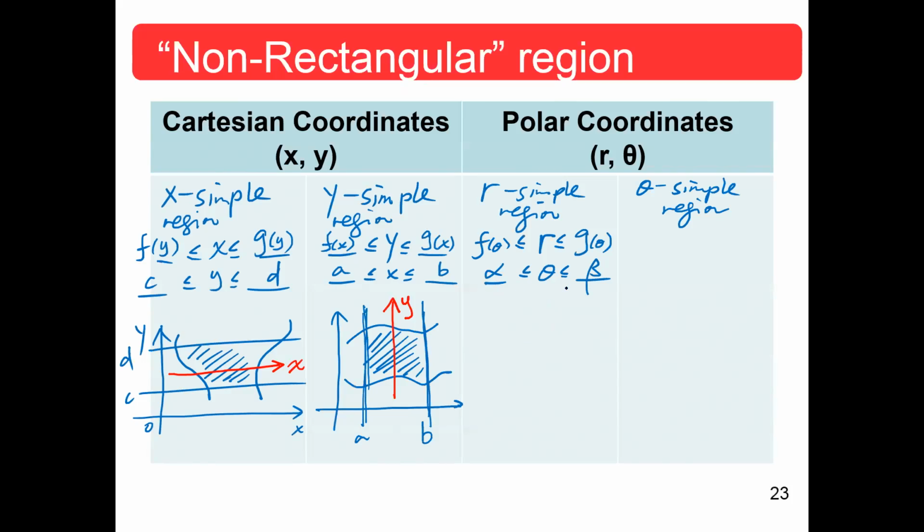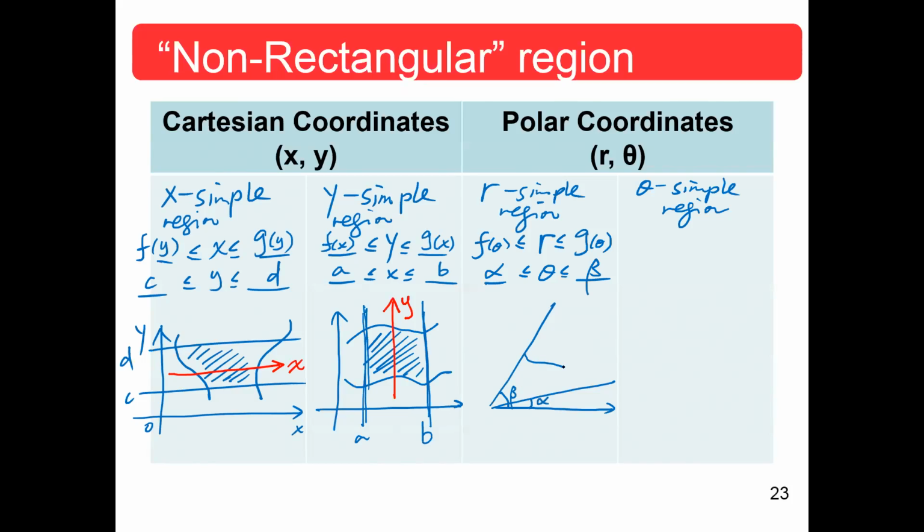The graph would look like, first of all, let's do the polar axis. Theta has to be bounded by two constants. So you should have theta equals alpha, theta equals beta as these two straight lines because these are constants, right? And then my radius would be bounded by two functions. They're no longer constant radius.